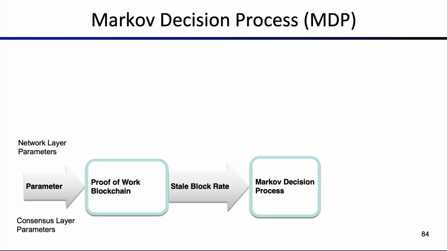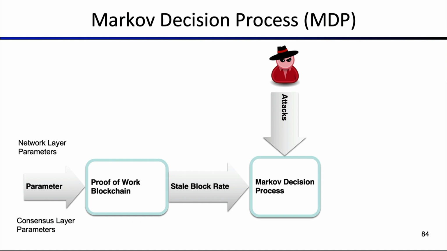And what we can then do is model the blockchain as a Markov decision process. A Markov decision process is a special instance of a Markov chain, but with an added action and state space. There we can instantiate a few attacks, for example, the selfish mining or the double spending attacks that we've discussed earlier.